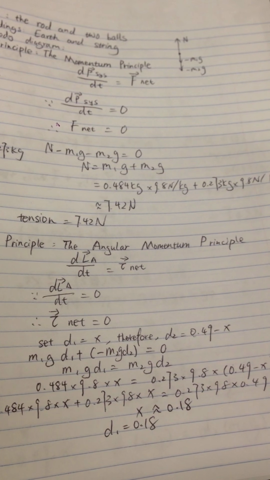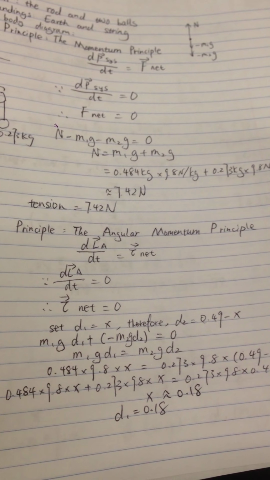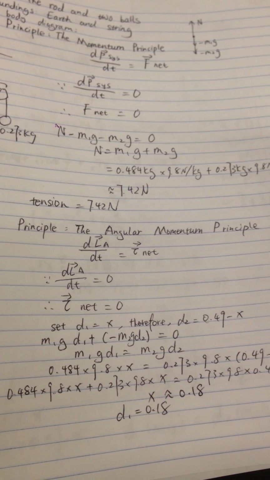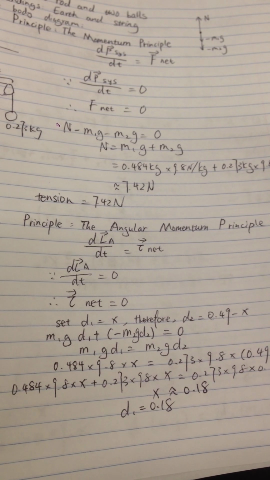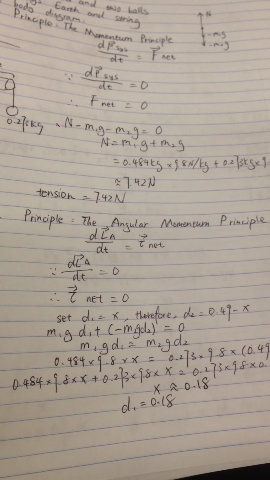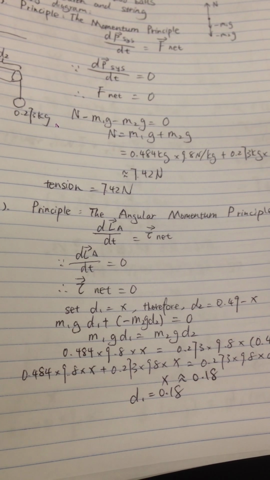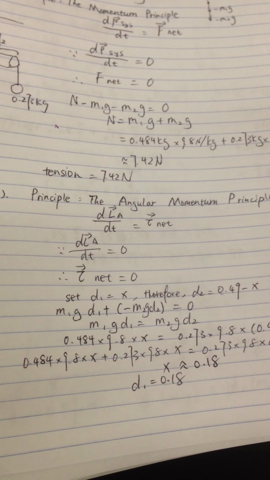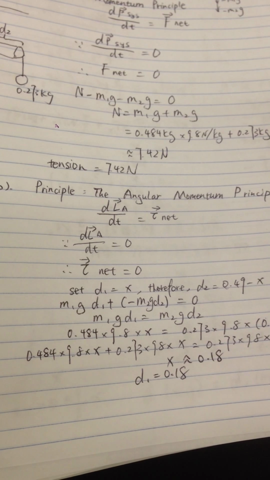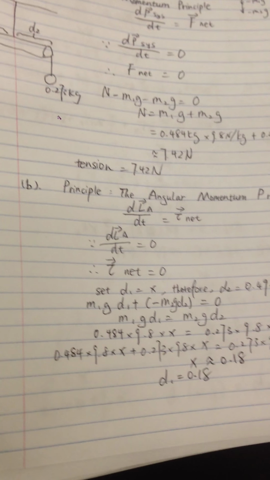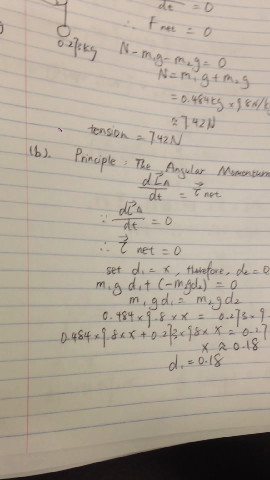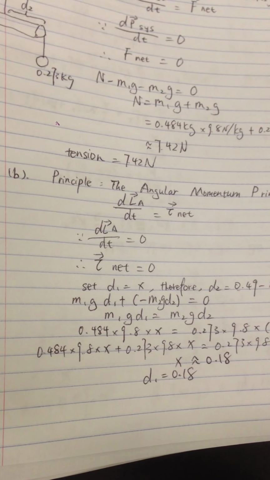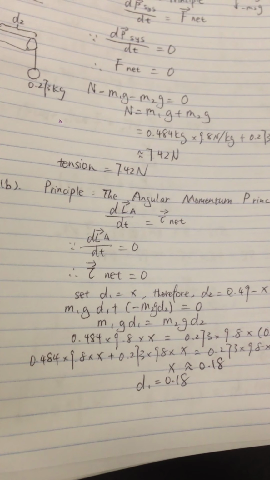From the free body diagram, we can see that F_net equals F_support minus m1g minus m2g, and this equation equals 0. So we can solve the supporting force as 7.42 newtons. So the tension also equals 7.42 newtons.